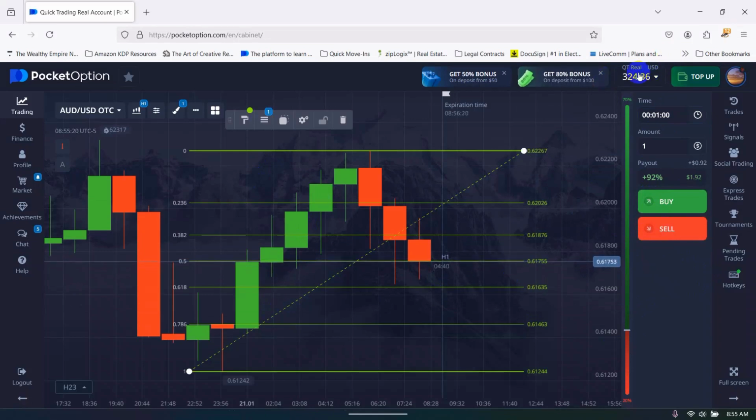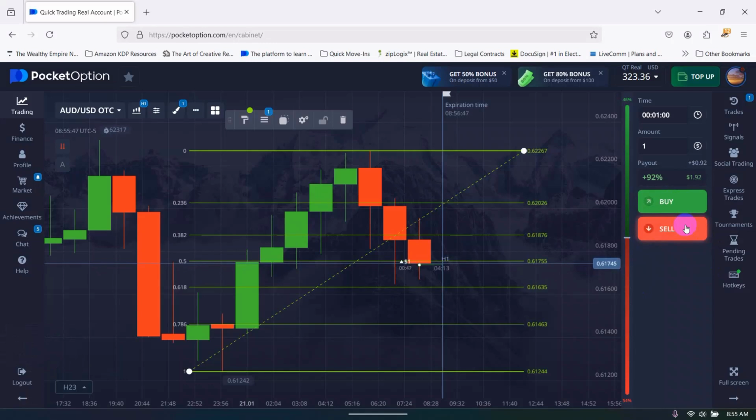I almost kind of don't want to mess with it because we took a couple of trades and we are back even. Let's see, I'm gonna take a trade here and see if it goes up.